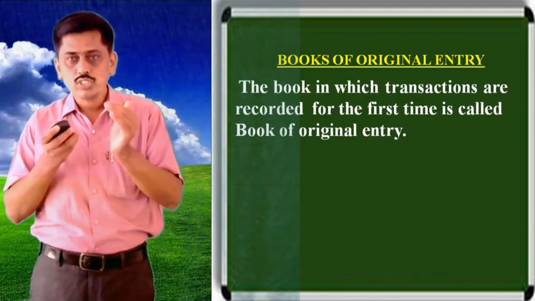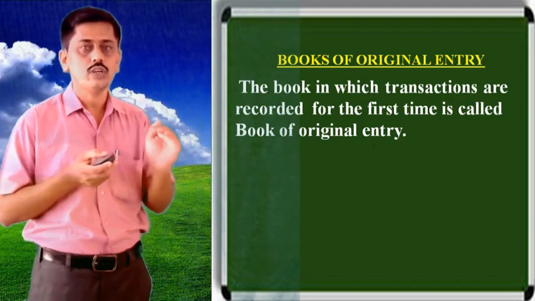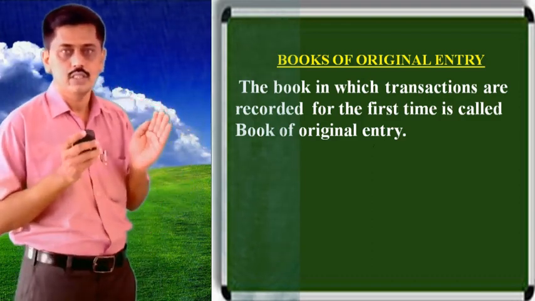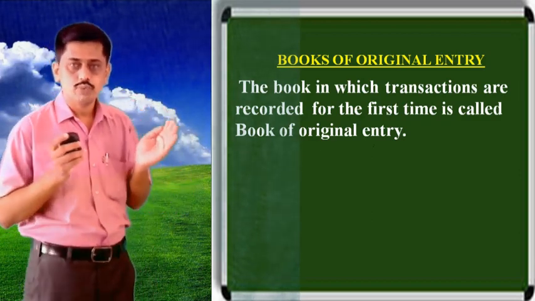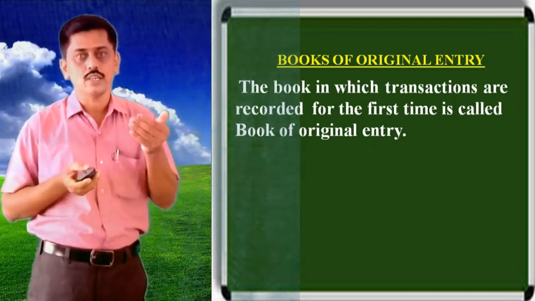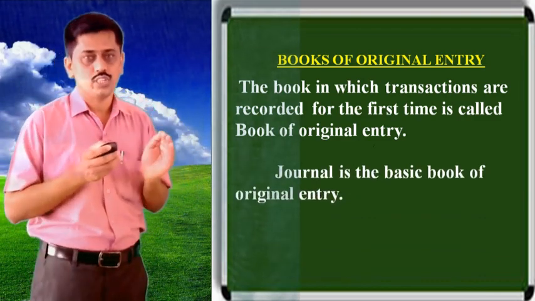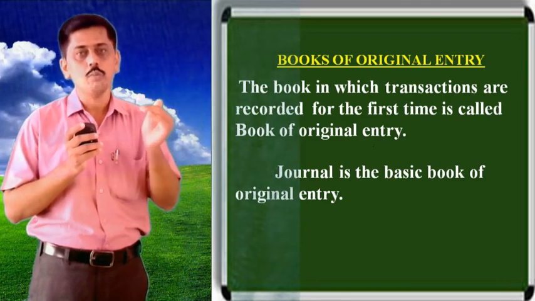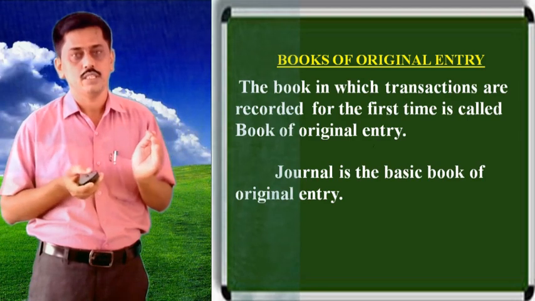The book in which transactions are recorded for the first time is called the Book of Original Entry. And as I told you, journal is the basic book of original entry. It's the fundamental book of original entry, or the book of prime entry.